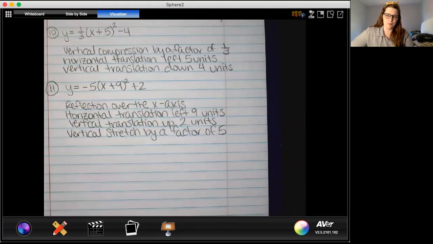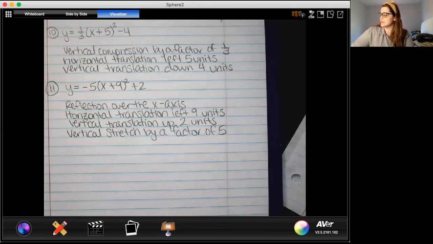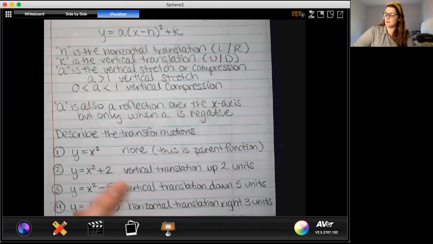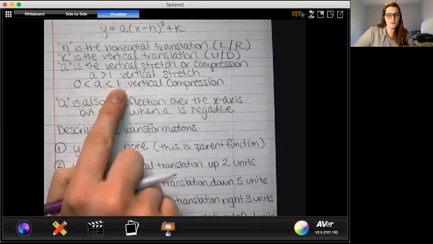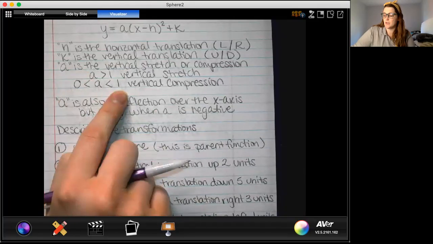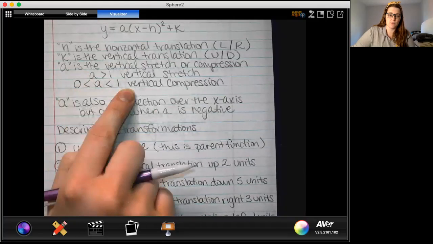The reason being is that some students forget that it has to be between 0 and 1 for a vertical compression. Some students just think automatically, if it's negative, it's less than 1, so it's compression. But specifically speaking, compression is only between 0 and 1.